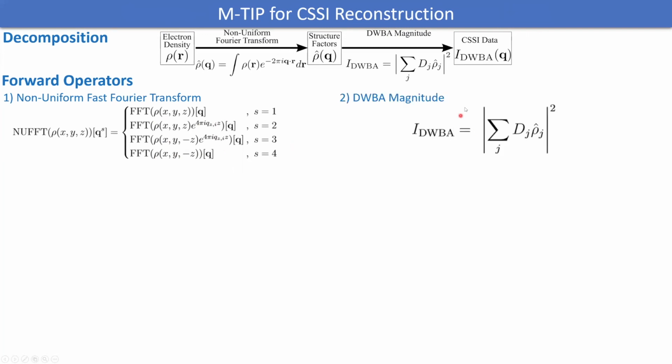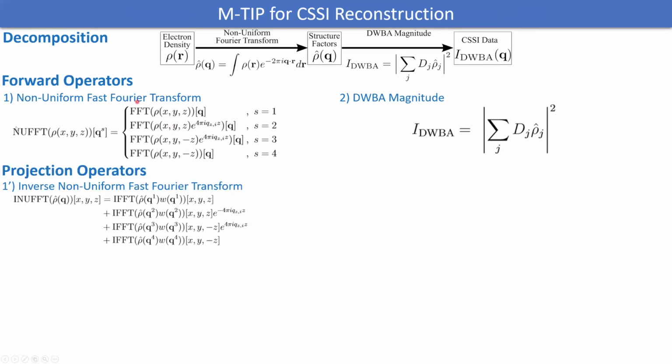And so this gives you an efficient method to go from your density to those 4 terms. And then the next step is just computing the squared magnitude of the sum of the 4 terms that I showed you in the last slide. And now we basically need projections for each one of these to pseudo-invert them. For the non-uniform fast Fourier transform, it turns out there's another efficient way to compute its inverse directly, again just by computing normal Cartesian inverse fast Fourier transforms.